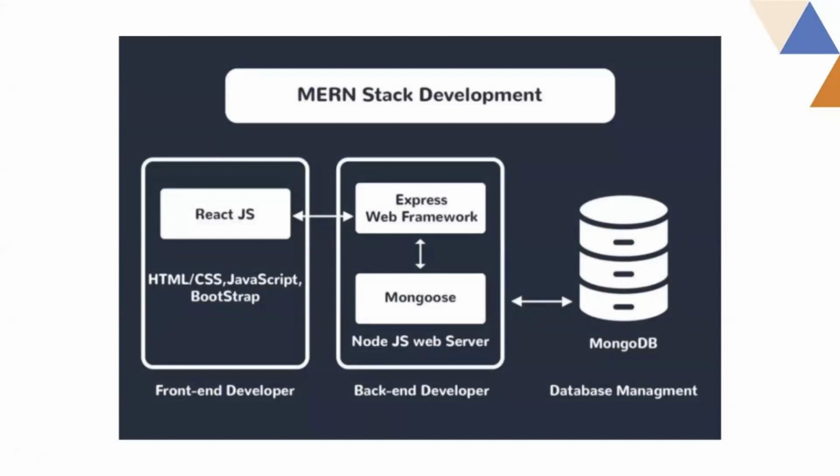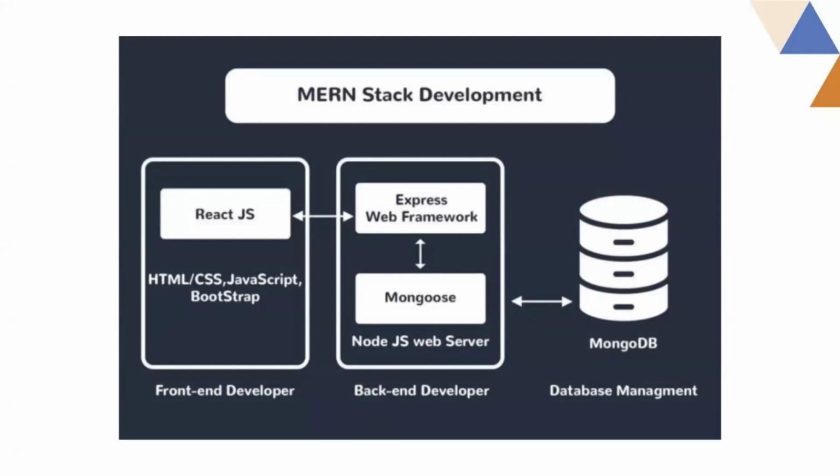The front end is what the user actually sees, and it contains HTML, CSS, JavaScript, or any CSS framework like Bootstrap. The back end is Node.js and the server component, and it's the behind-the-scenes of all this logic.